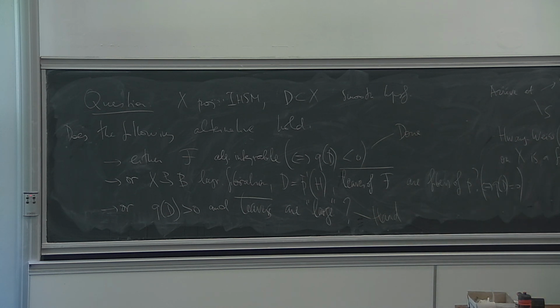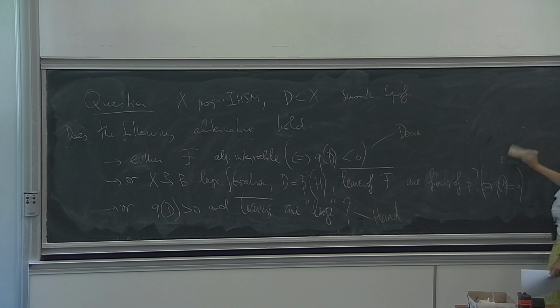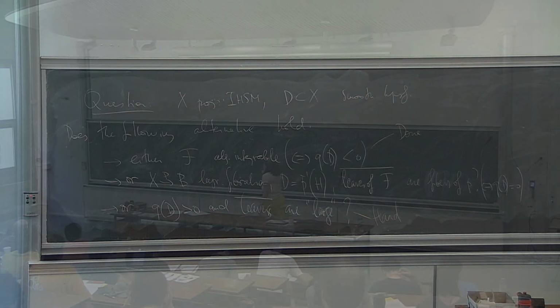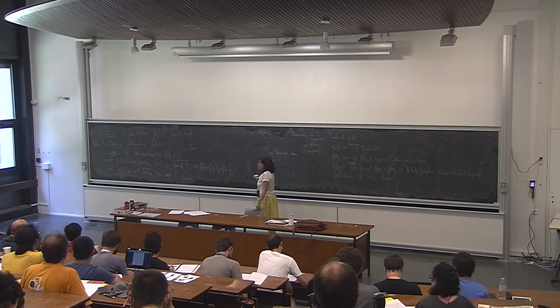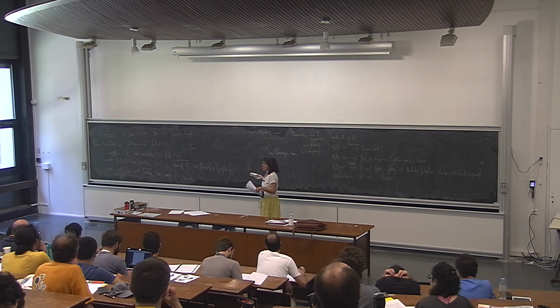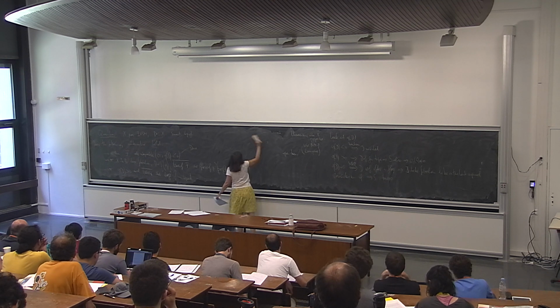Let's look at this case, the intermediate one. In fact, there is a well-known conjecture in holomorphic symplectic geometry, which is called the Lagrangian Conjecture. It is a version of the abundance conjecture for, well, in usual birational geometry.